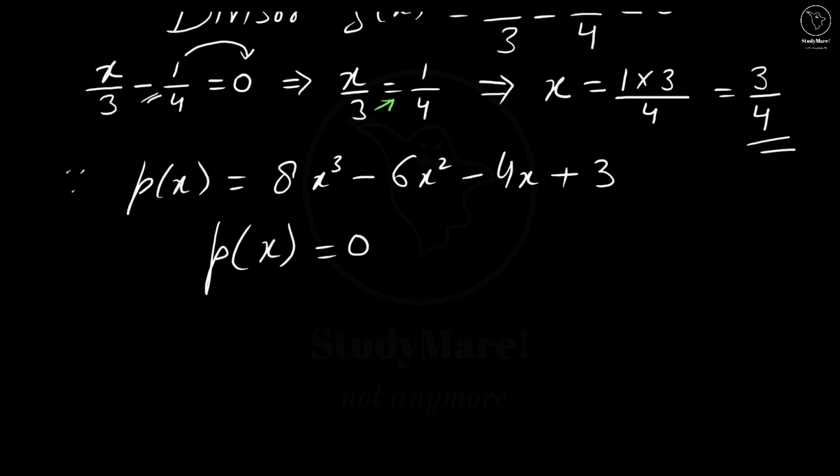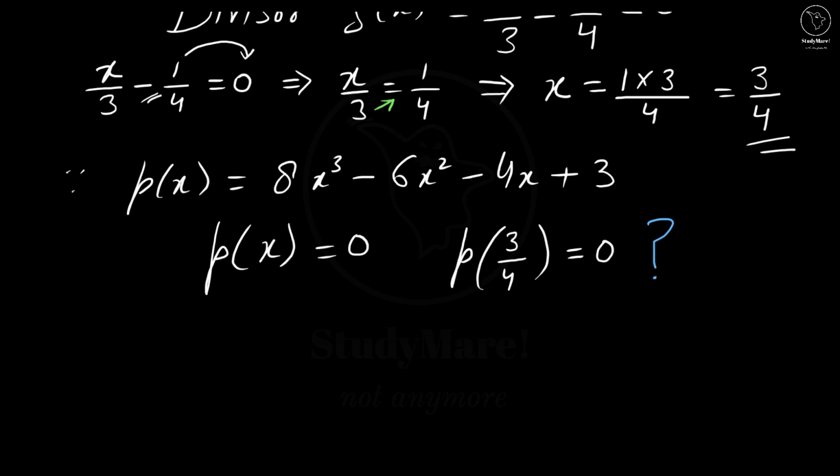That means if g(x) is a factor, then p(3/4) must be equal to 0. Mind you, we don't know yet whether it is equal to 0 or not, but we have to find out.